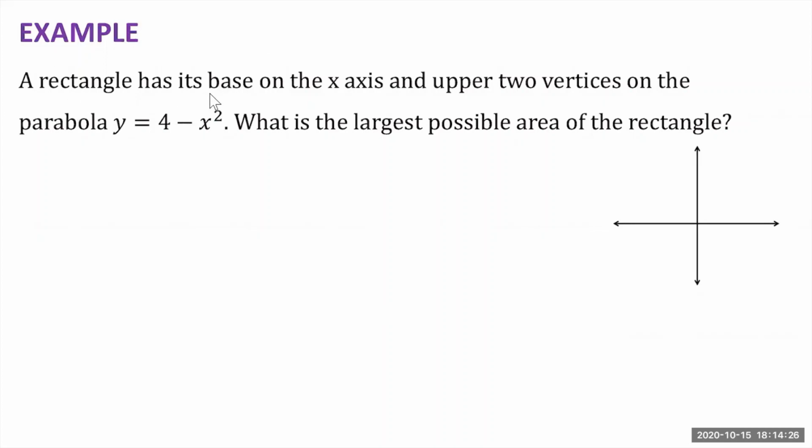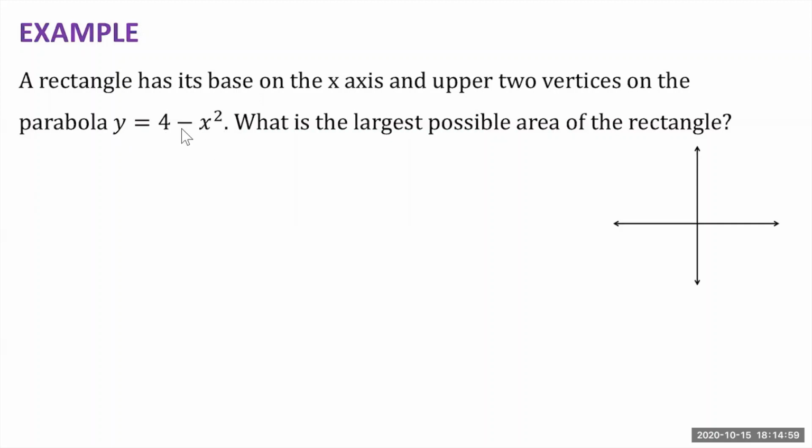Example: a rectangle has its base on the x-axis and its upper two vertices are on the parabola y equals 4 minus x squared. What is the largest possible area of the rectangle? First, we are going to draw the rectangle based on the information given here. So first, we draw the parabola y equals 4 minus x squared.